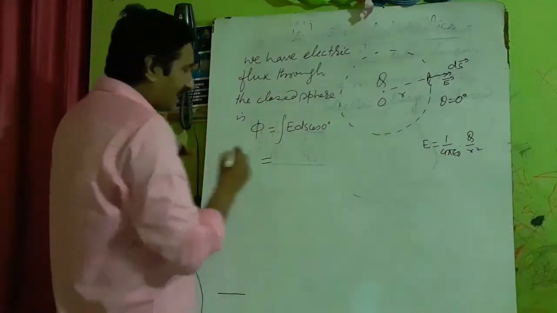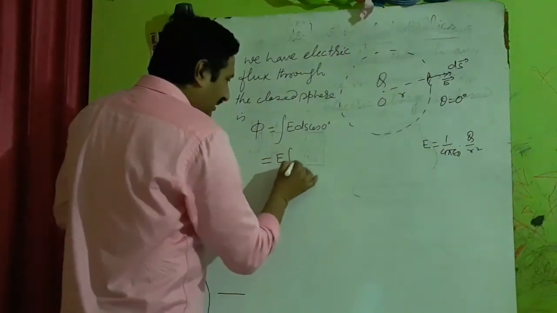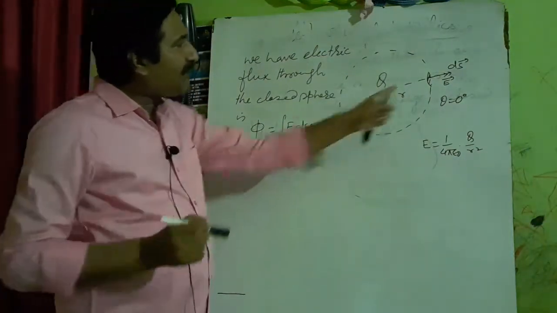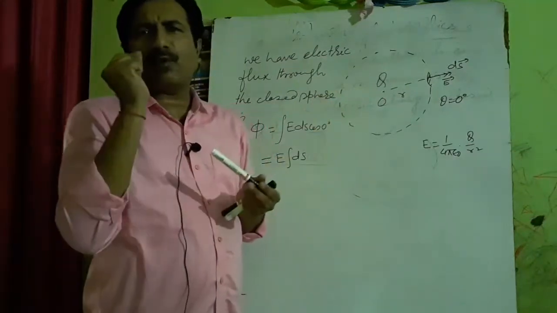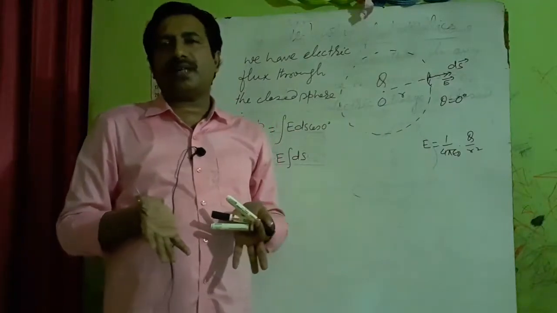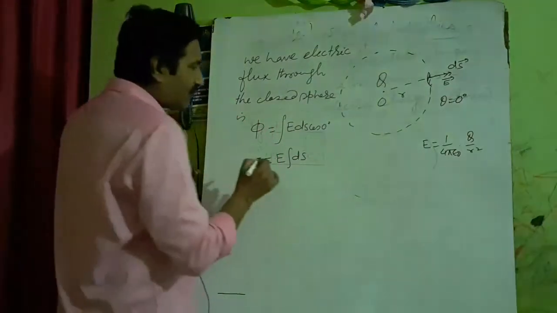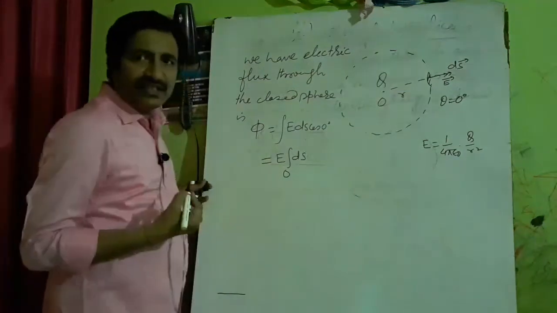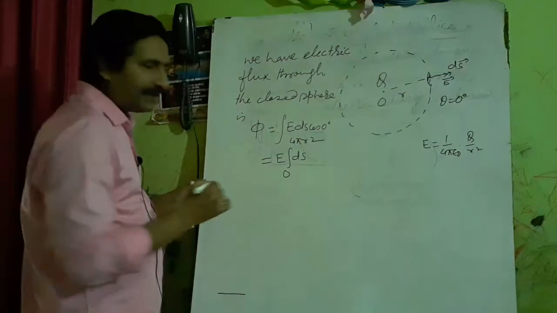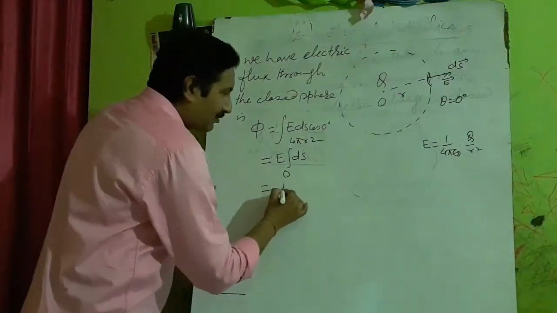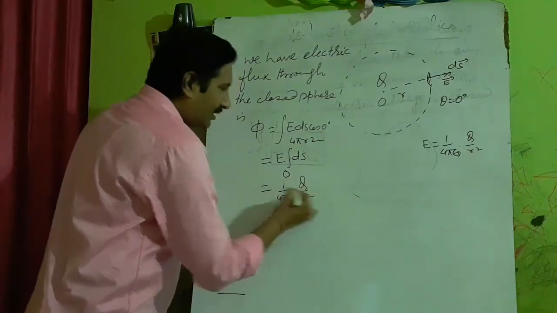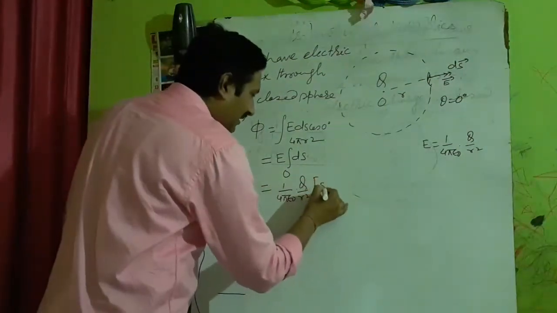Hence E can be taken out of the integral sign and it will be integral of ds. Cos 0 degree is 1. You already know, the minimum value of ds is 0, very, very small. And the maximum value will be the entire surface area, total surface area of the sphere. So its maximum value will be 4 pi r squared. Hence it is integrated from 0 to 4 pi r squared. Understand? Now it is E means 1 by 4 pi epsilon naught q by r square. You see integration of ds means s.